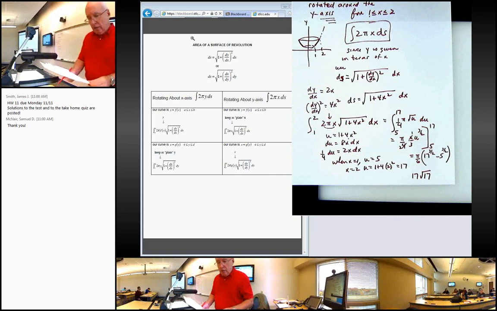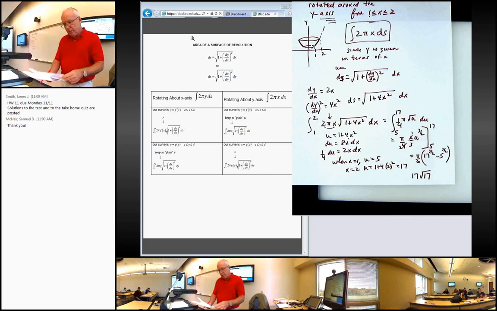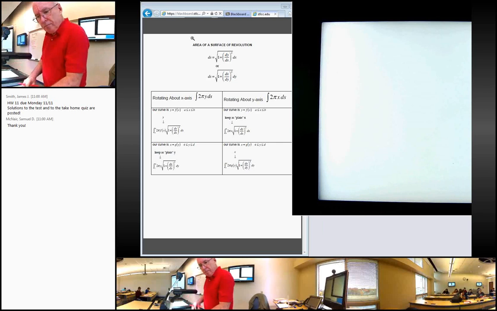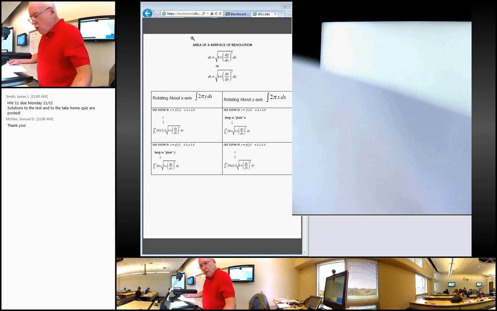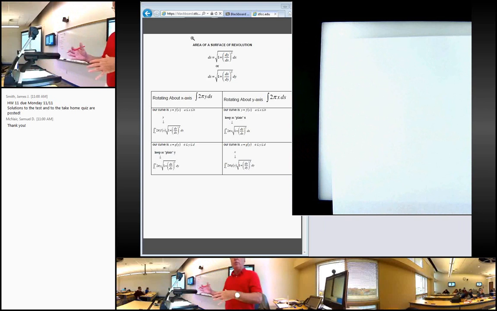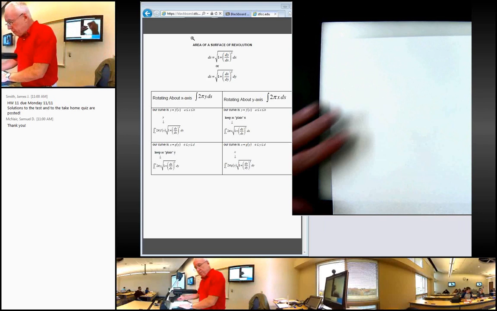And let's look at one more example here. Okay, now this example, we have it written as x in terms of y. So here's the problem.